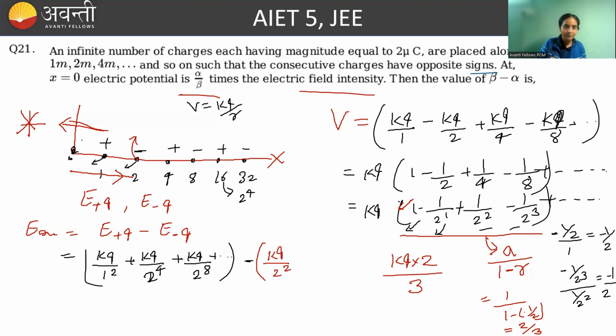Okay, and then minus charge is at this, and this is 2 to the power 3, so that is kq by 2 to the power 6, and another is 32, 2 to the power 5, its square is kq by 2 to the power 10, like that. So the power keeps increasing, and this will also extend up to infinity. Again, these both are a series of infinite terms, right?